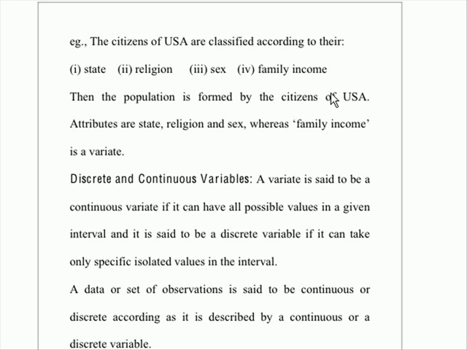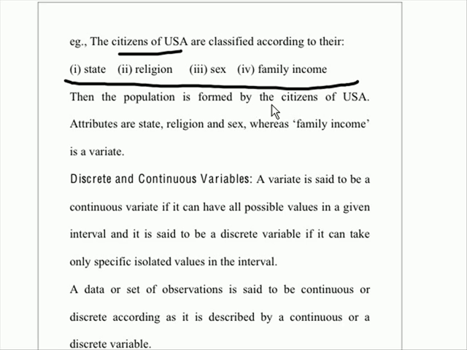So to illustrate the difference between variate and attribute, let's consider the citizens of United States are classified according to these four parameters: state, religion, sex, and family income.